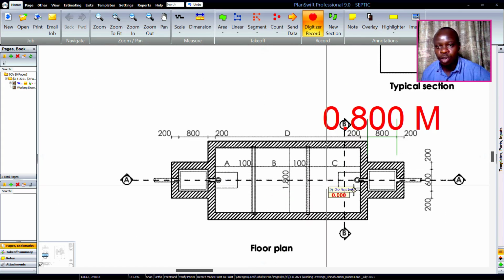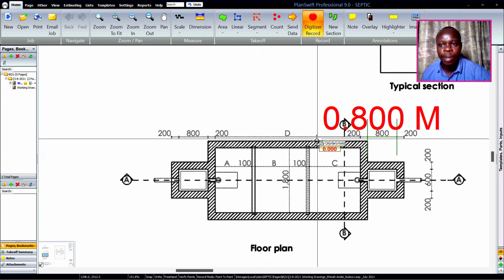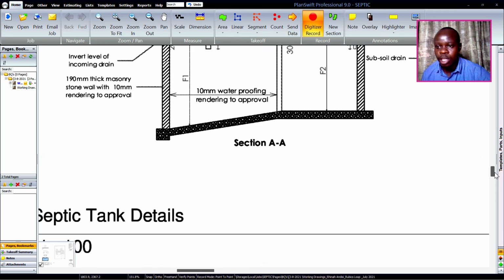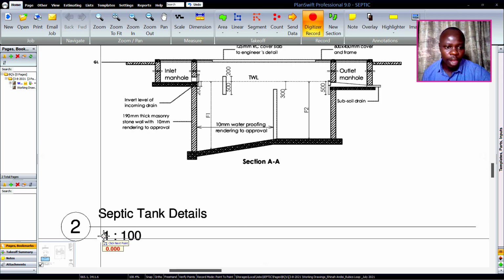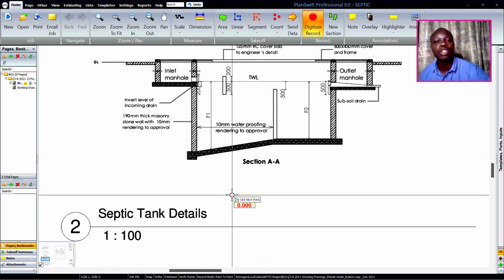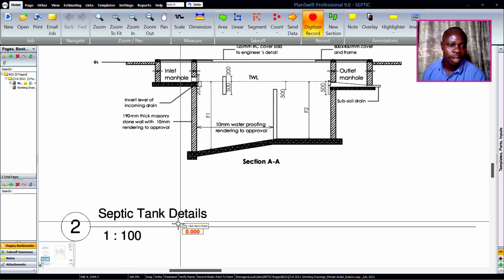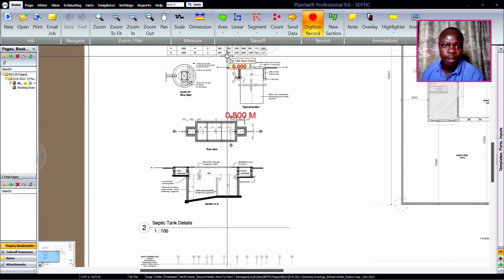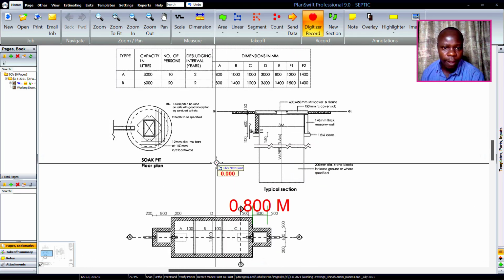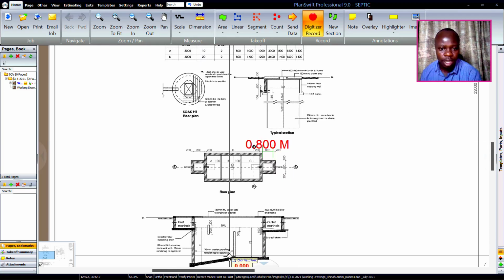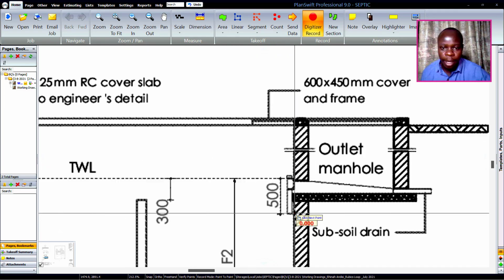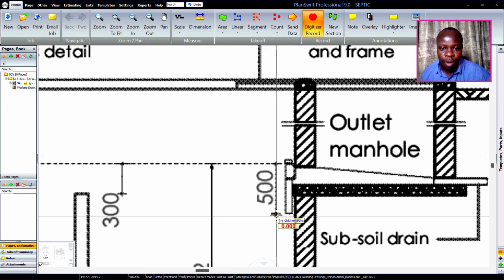So once our drawings are confirmed in terms of the dimensions, also note that if the drawings are of different scales, then you'll need to read them independently, because you can see here it's 1 to 100. Then the plan, being that it's not indicated, is of the same scale.